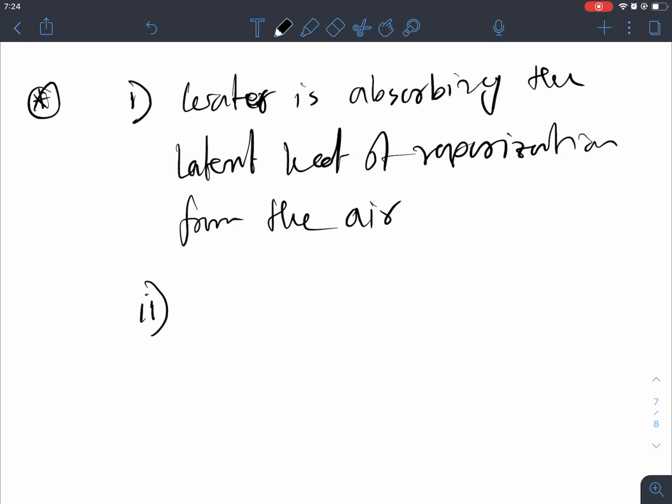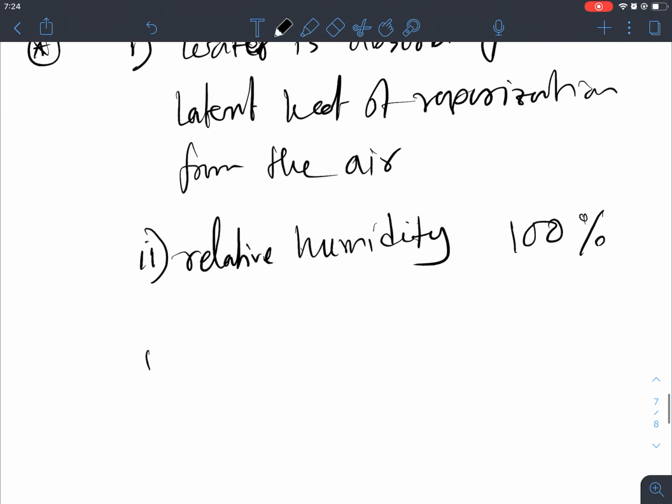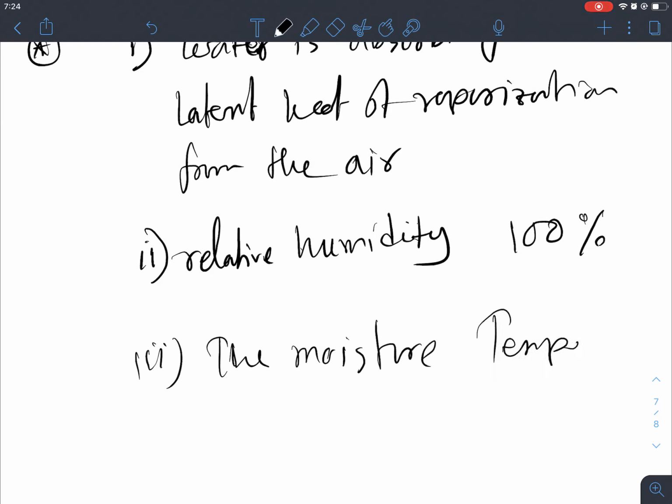And then the relative humidity becomes 100%, and also the moisture temperature decreases, right?